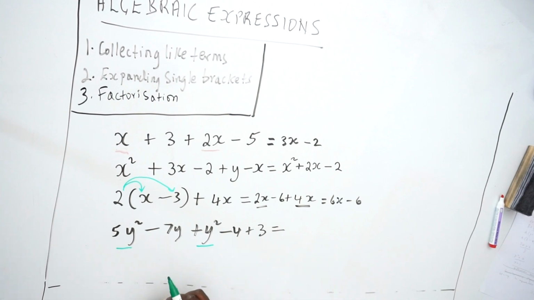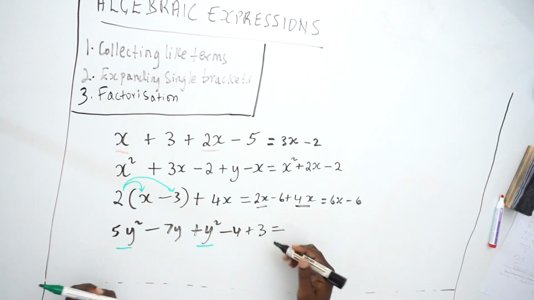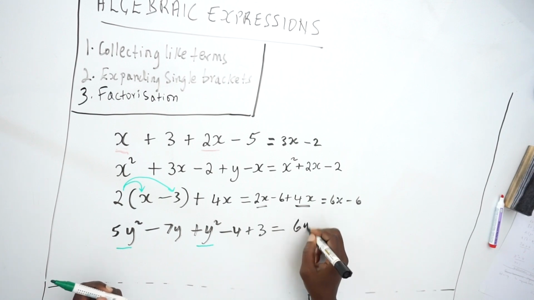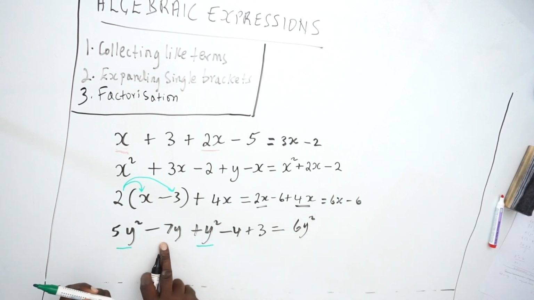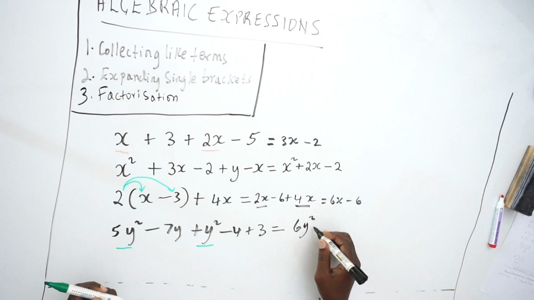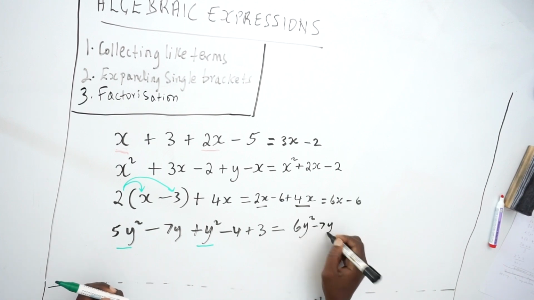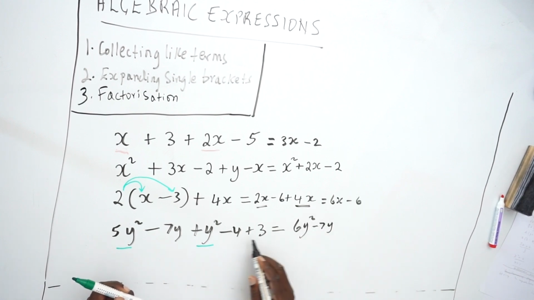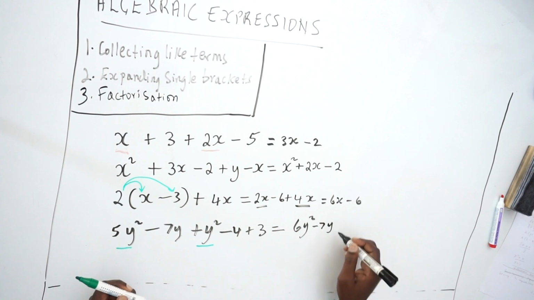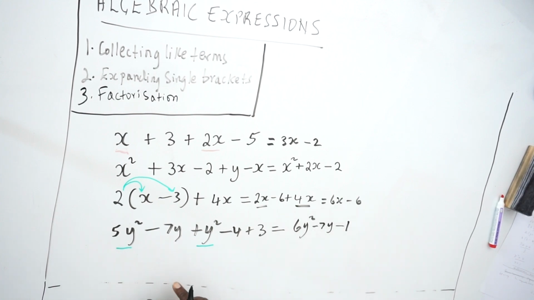If we put the y squareds together, we end up with 6y squared. Please note that y squared is different from y. The y remains just minus 7y there. Then the numbers minus 4 and positive 3 can be put together to give us minus 1. So collecting like terms is fairly straightforward.